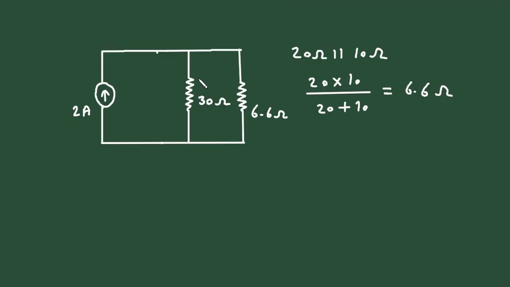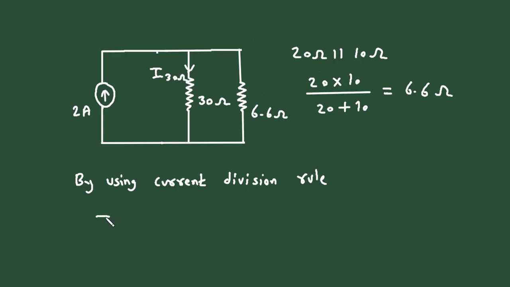Now we can easily find the current through this 30 ohm by using the current division rule. So by using the current division rule, let's say this is I30 ohm. I30 ohm is equal to this current, that is 2 ampere, multiplied by the parallel branch resistance, that is 6.6, divided by the total, so 6.6 plus 30.